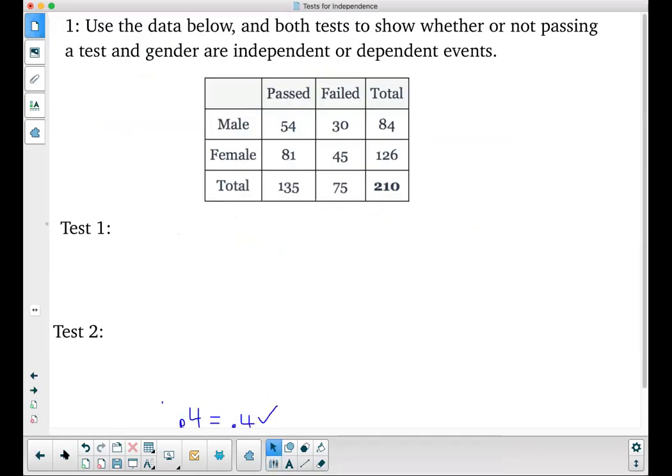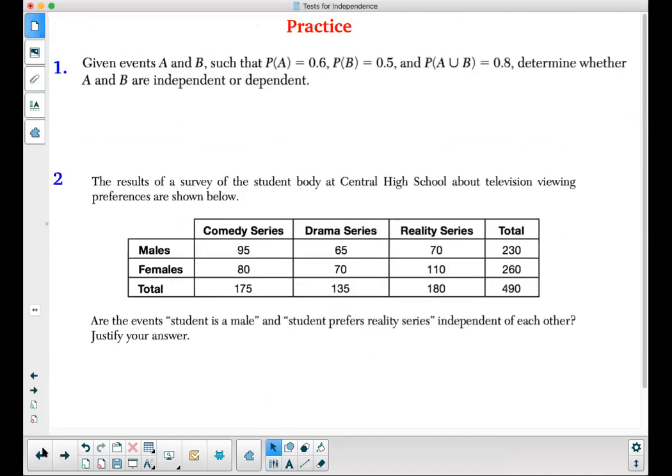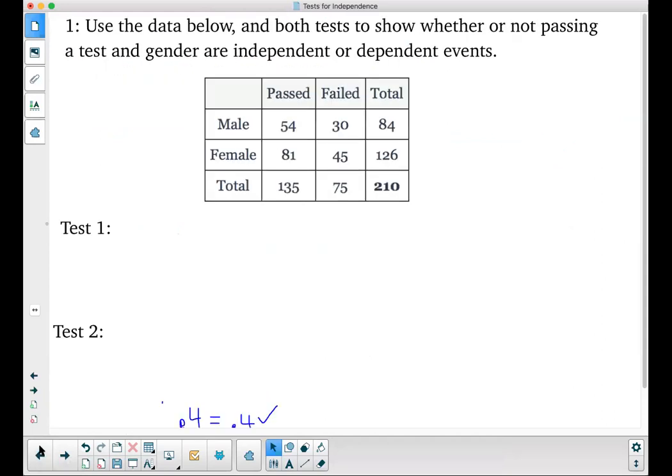I'm going to do just 2 examples. Okay, use the data below and both tests to show whether or not the events are dependent or independent.